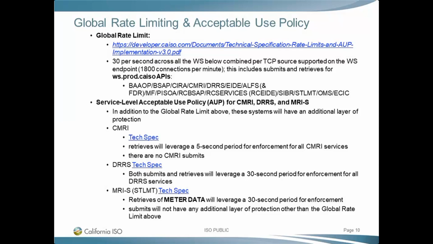So across the 7 that you have, per TCP source, from the same source, you wouldn't want to exceed the 30 per second. I think you asked another question that we should elaborate on here too. If you exceed the 30 for that 1 second period, any calls beyond that will just be rejected, and they won't be queued up to return any data after that 1 second period. You'll just have to submit new calls after that.